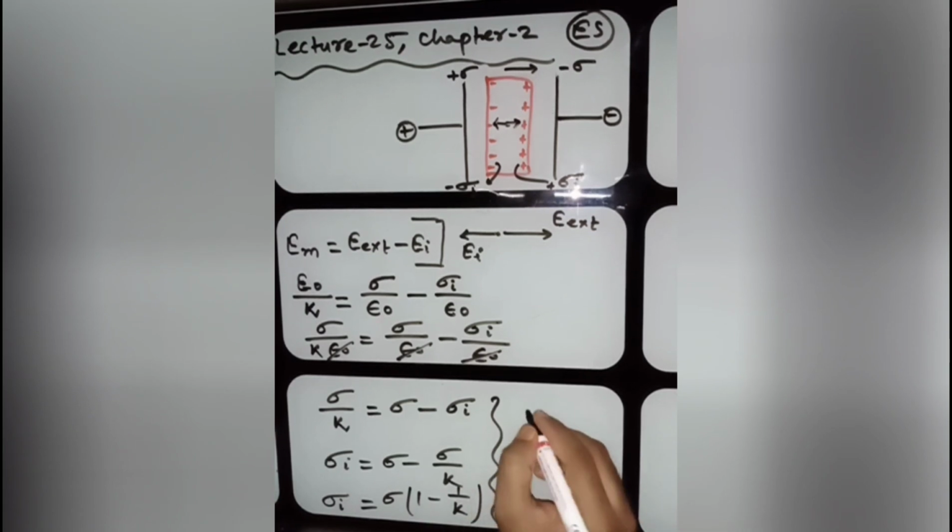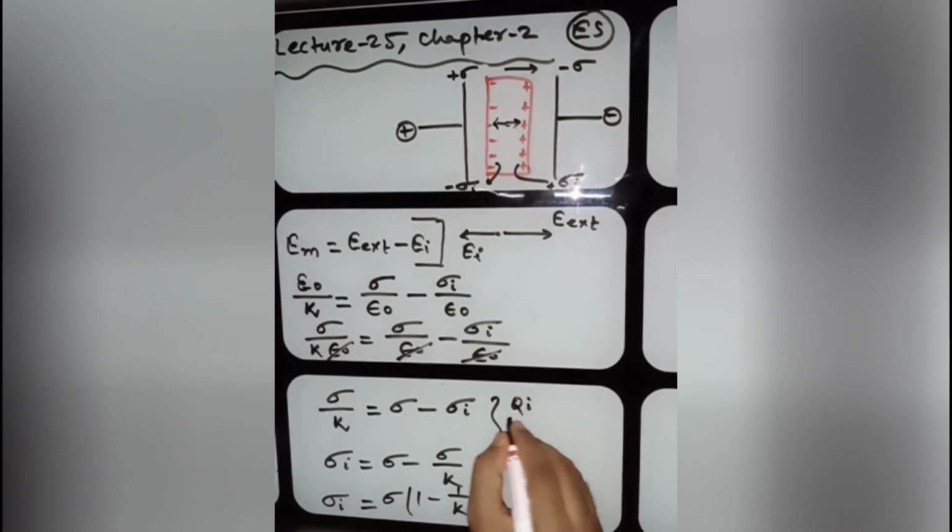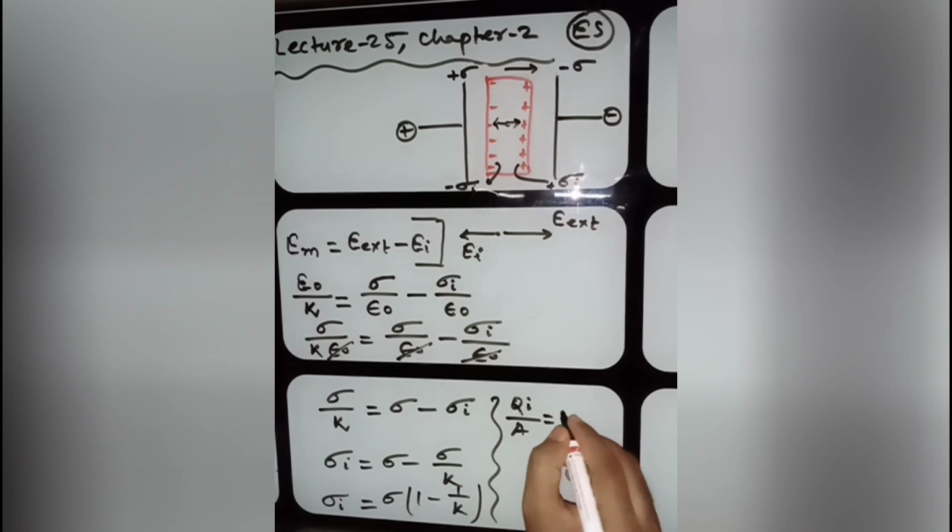The sigma is nothing but the charge by area of the plate.